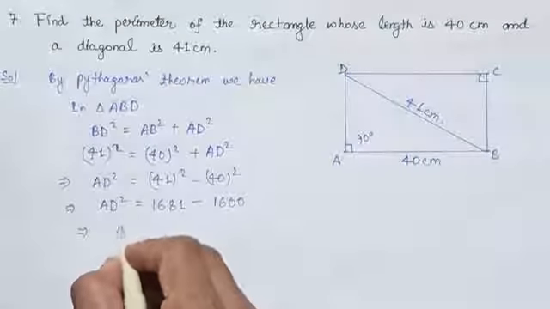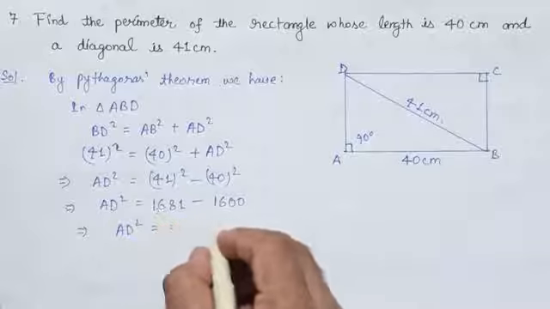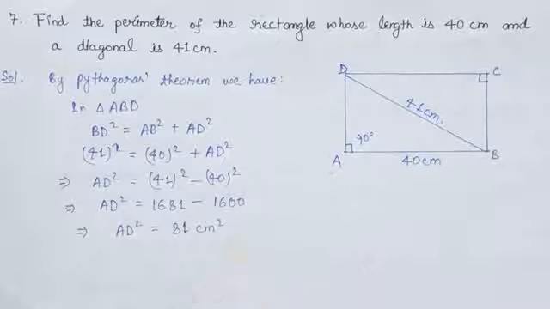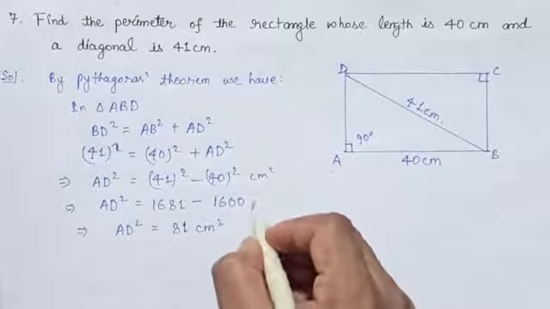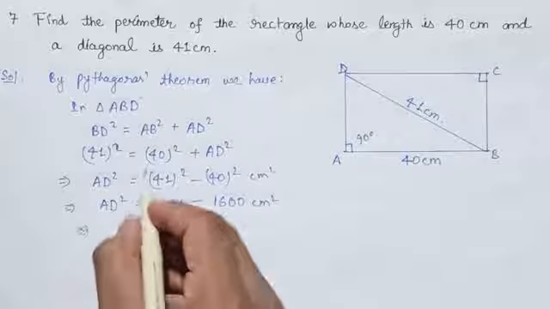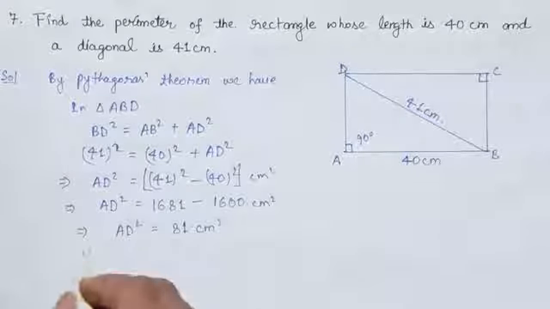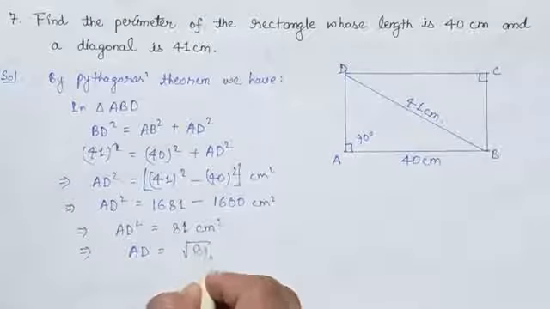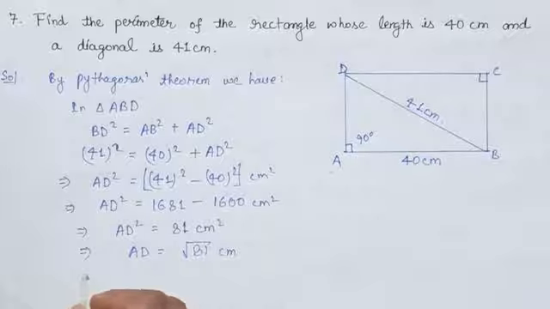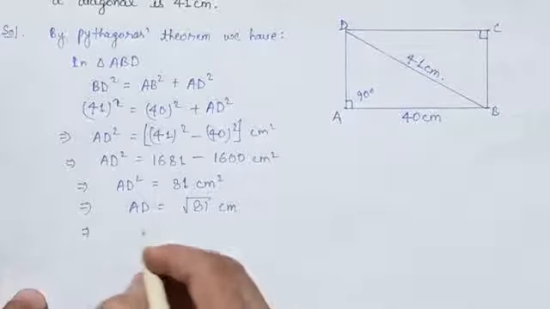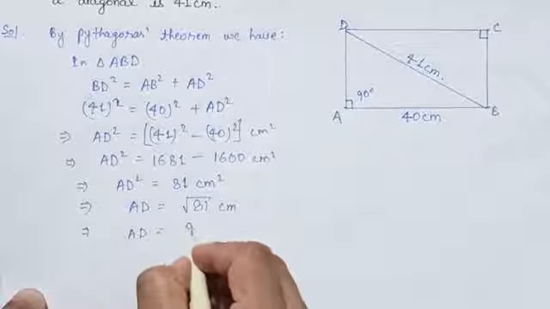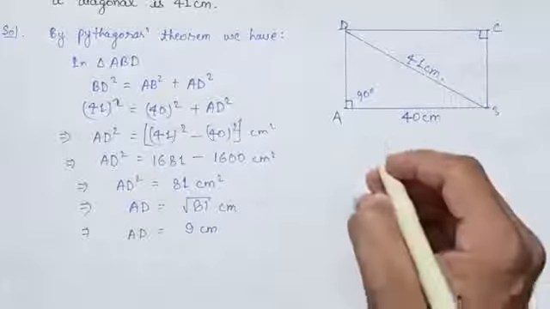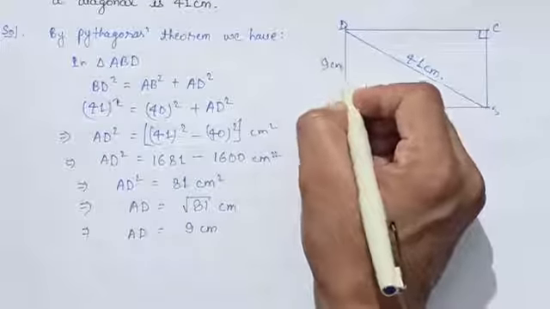So AD square is equal to 1681 minus 1600, which is 81 centimeter square. Now AD is equal to the square root of 81, which implies that AD is equal to 9 centimeters. So we have the breadth of this rectangle as 9 centimeters.